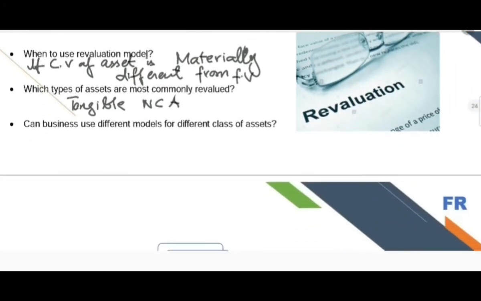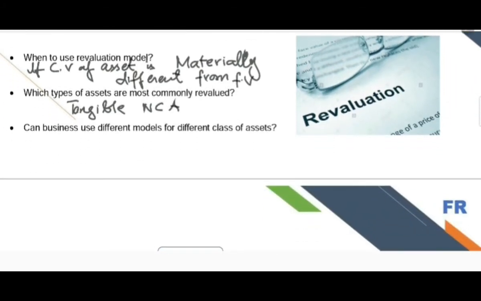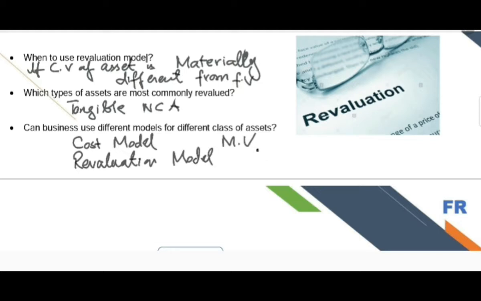The next question is, can business use different model for different class of asset? Or you can ask that, you can use cost model for motor vehicle and revaluation model for land and building.